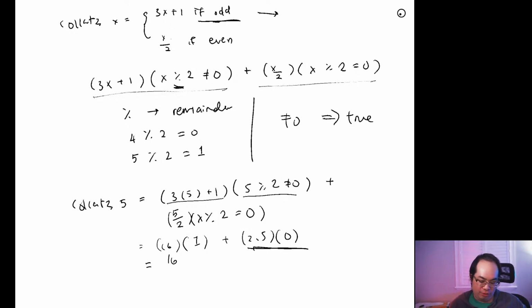So if you take 16, for example, and apply Collatz recursively, the answer is 8, which is then 4, which is then 2, which is then 1. And we choose to stop at 1 because it's a loop. 1 will lead back to 4, and then you reduce back down to 1 again.